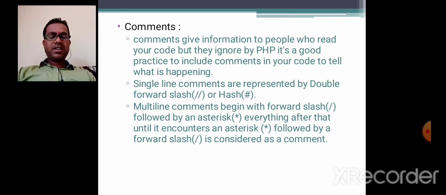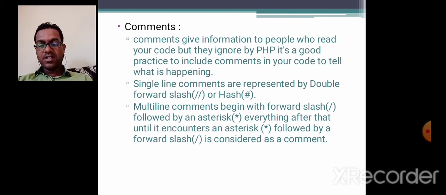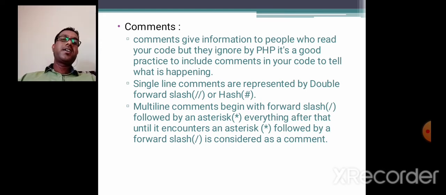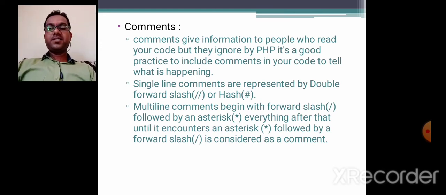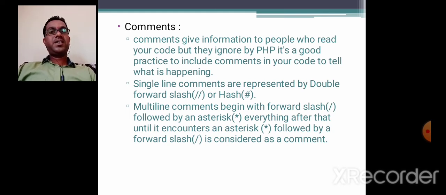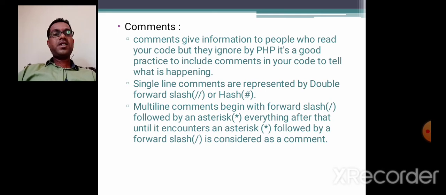Then comments. Comments are used to give information to the people who read your code, but they are not interpreted by the engine. PHP supports C, C++, and Unix shell style, that is Perl style, comments.